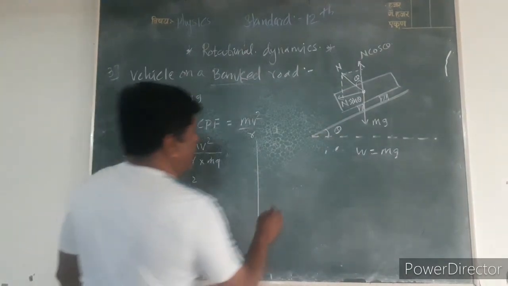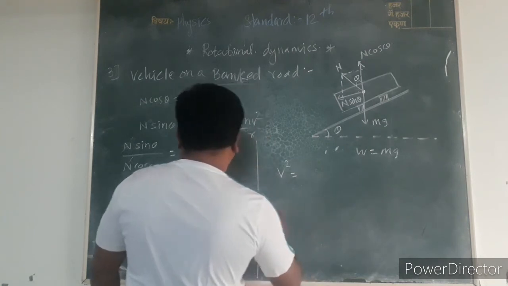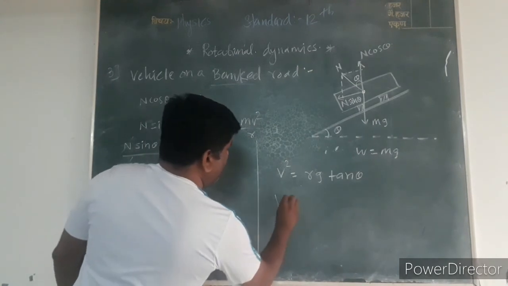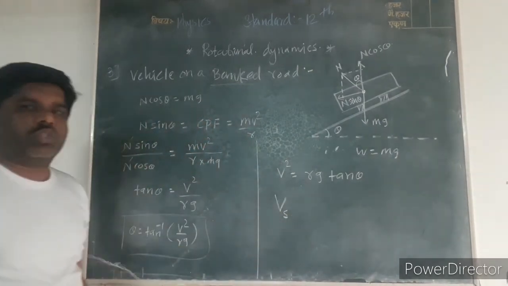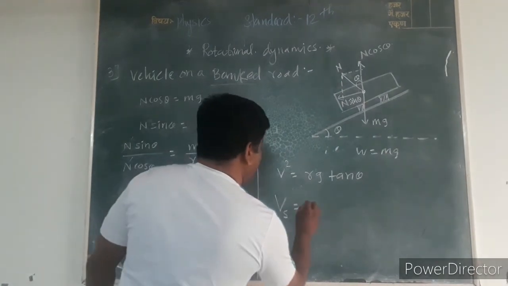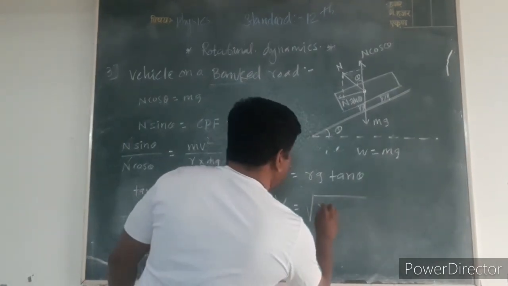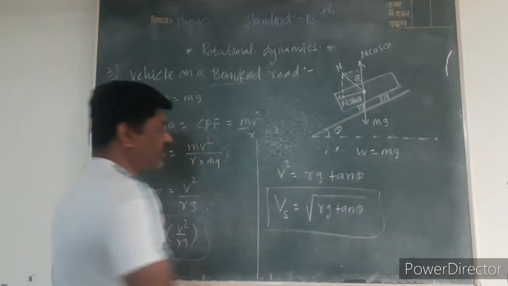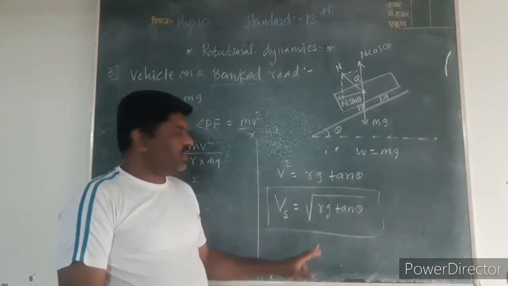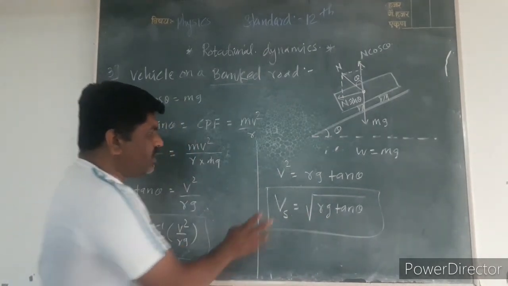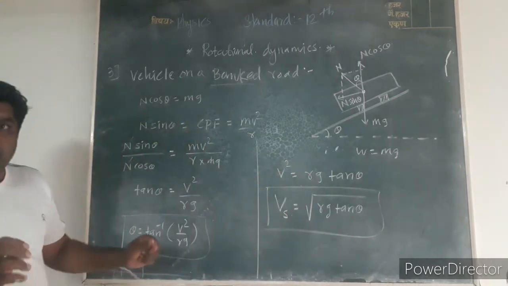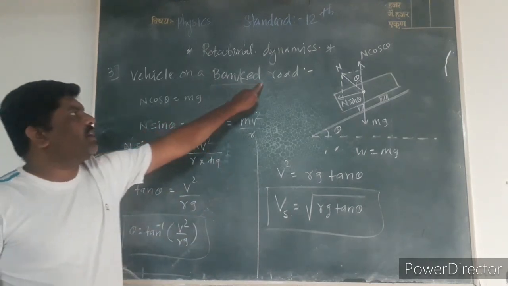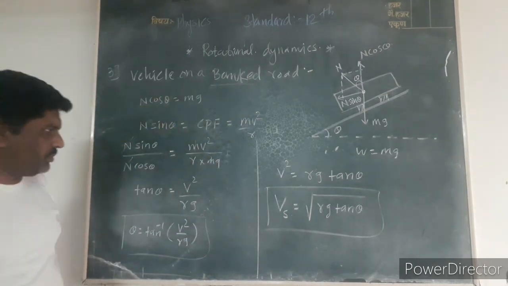From this equation, v square is equal to rg tan theta, where v s means safe speed. So Vs is equal to under root of rg tan theta. This is the safe speed of any vehicle when it moves over the banked road or curved road.